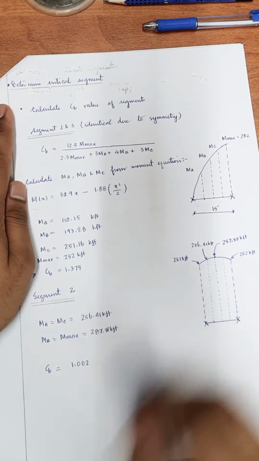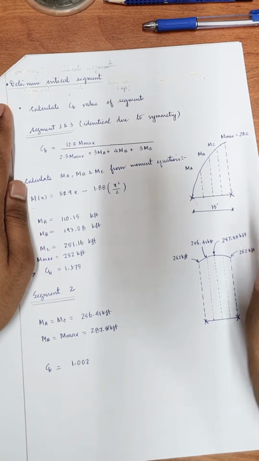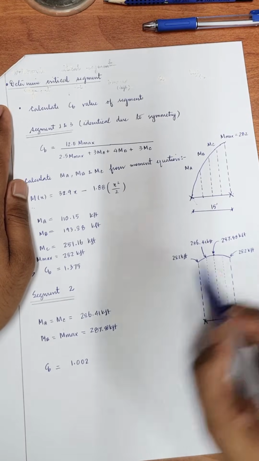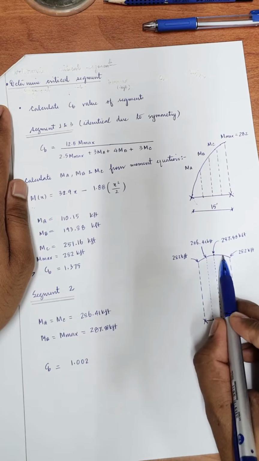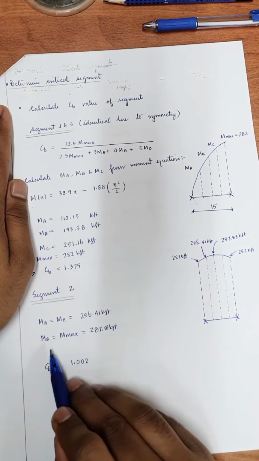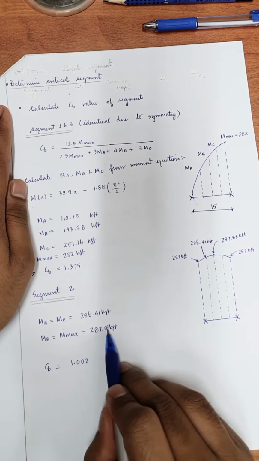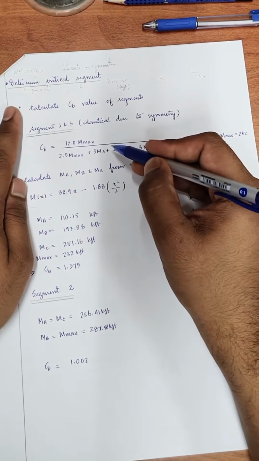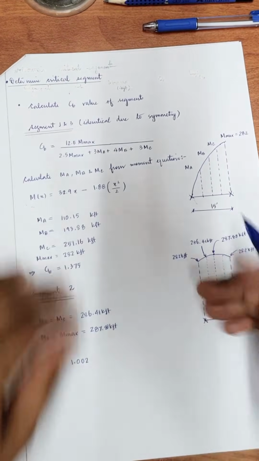Again, we repeat the procedure for segment BC. In segment BC, we see that your MA and MC are going to be the same because of the symmetry, and your MB is equal to Mmax, which is 287.88 kip-feet. When you substitute these values inside the Cb equation, you get the value of Cb as 1.002.